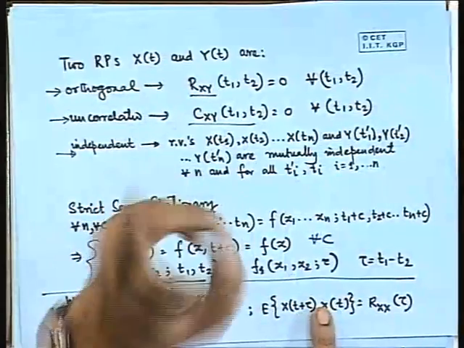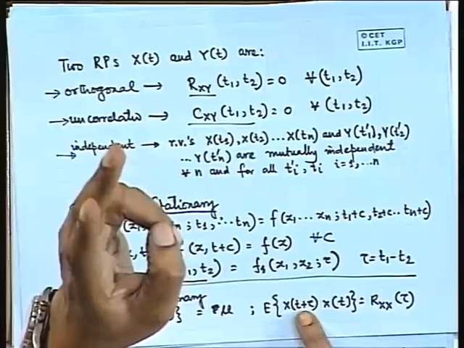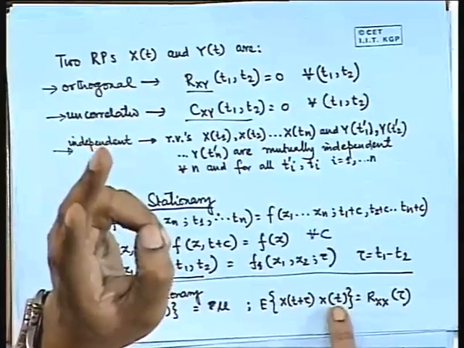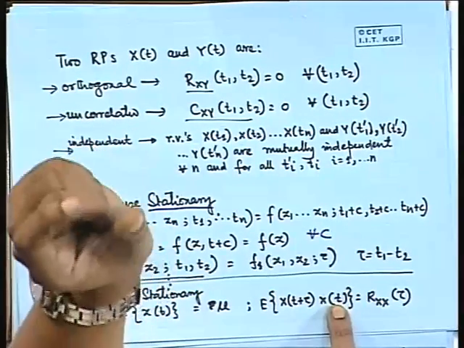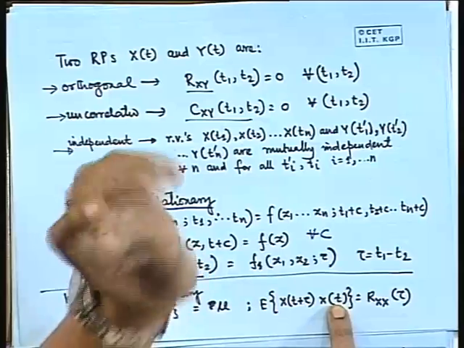So came the concept of wide sense stationary processes, where the mean is a constant, and the covariance, which involves only 2 degrees of joint distribution, depends only on the time difference between the first time argument t1 and the second time argument t2. It depends only on the time difference, not the absolute time.